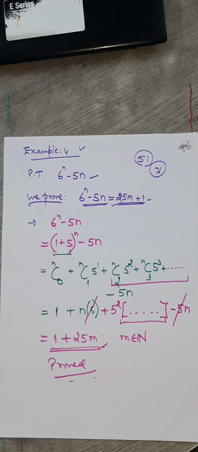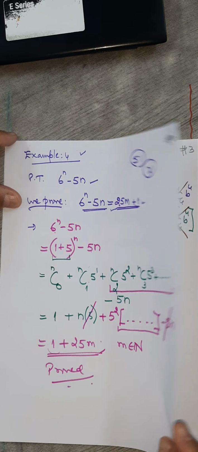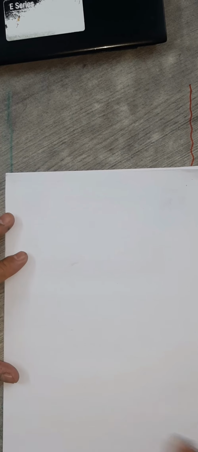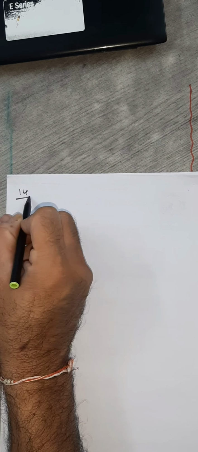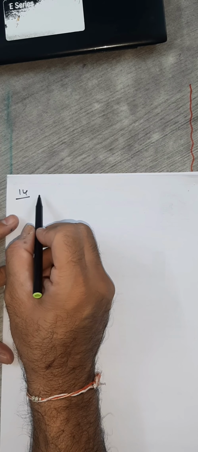Fine. Now let's go to the last question, question number 14 here. You want to prove this. So in the 14th question, let's do that. You need to start with LHS, or you can start with RHS, whichever way you see.